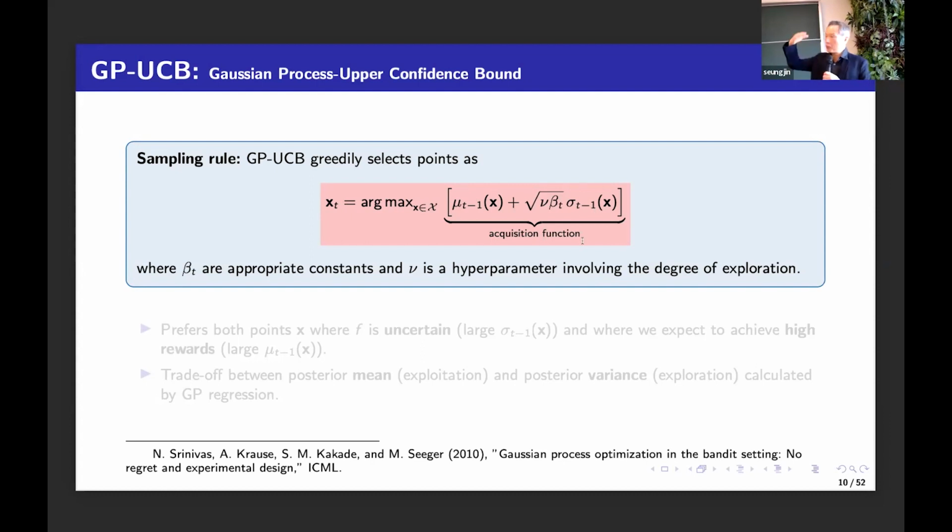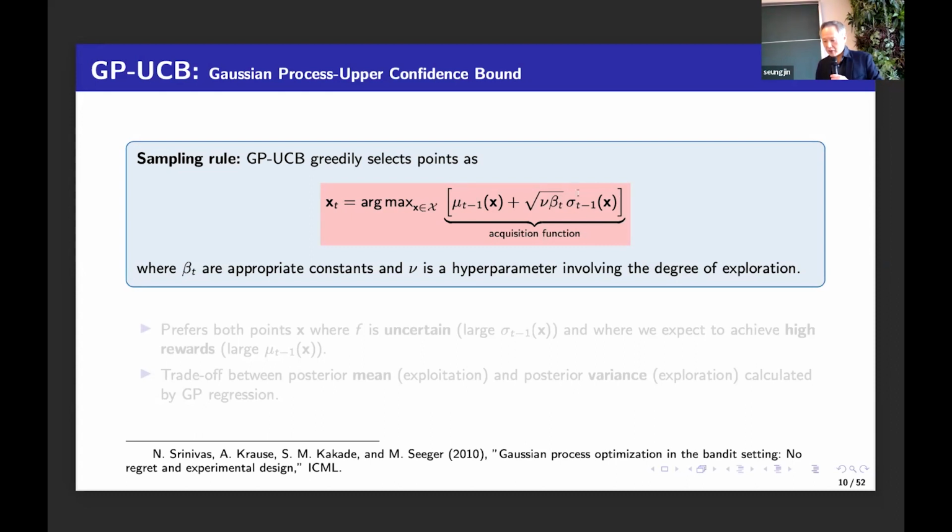If the posterior mean is large, that means we have a high chance that X is a maximum, if the regression is correct.